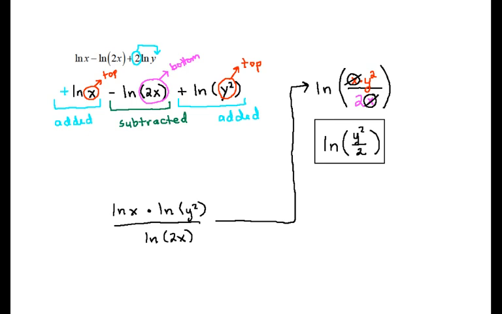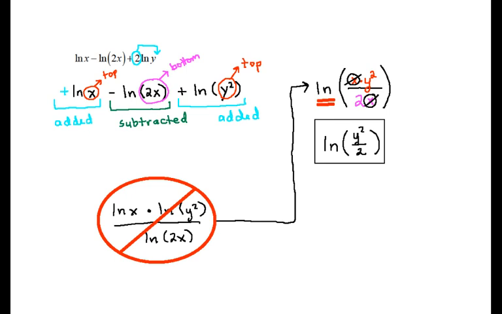But I really want to emphasize that this in-between step is absolutely incorrect. All in one step, we go from a sum of logs to a single log, right? Just one log that is a product.